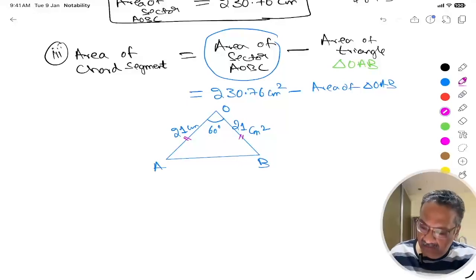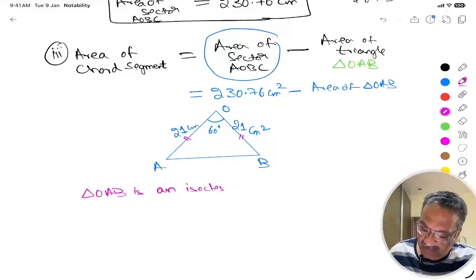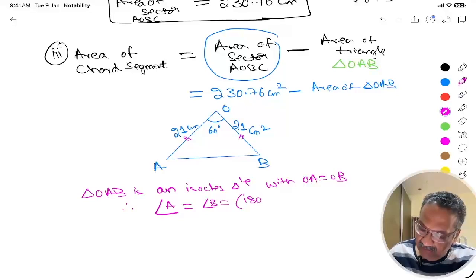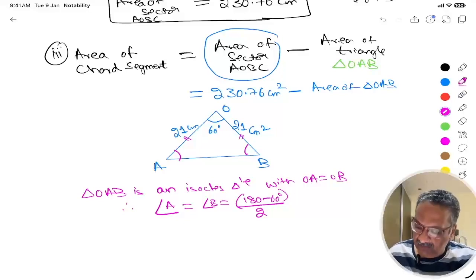Therefore, triangle OAB is first an isosceles triangle with OA equal to OB. Therefore, angle A is equal to angle B is equal to 180 minus 60 degrees divided by 2. See, the sum of all these three angles will be 180. So we have got 60 degrees.